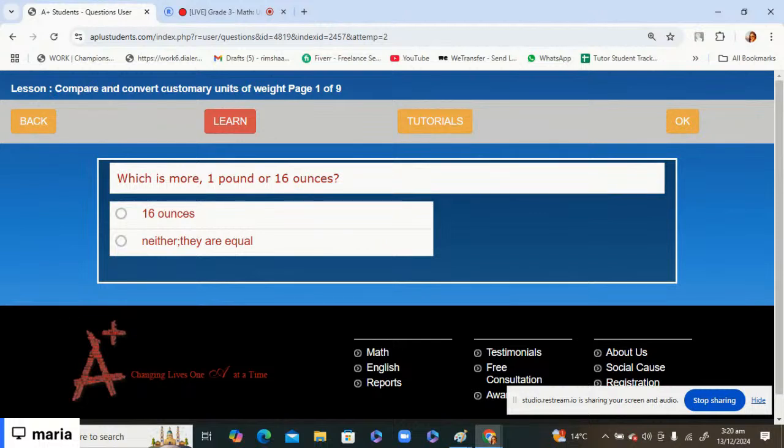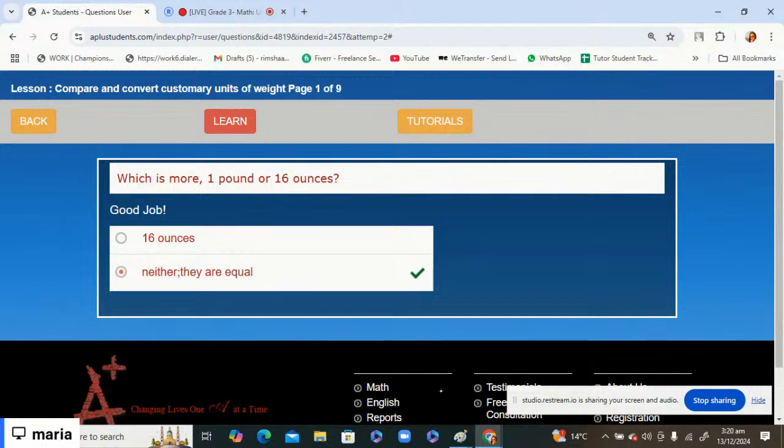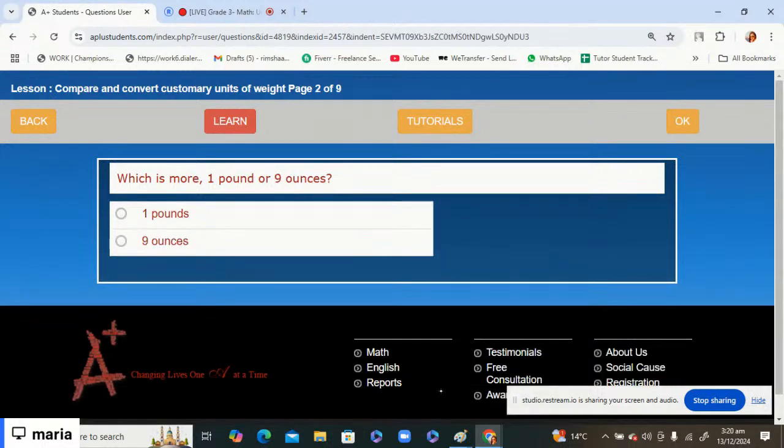No, 1 pound is equal to 16 ounces. So these both are the same. So 16 ounces is not greater. Now which is more, 1 pound or 9 ounces?